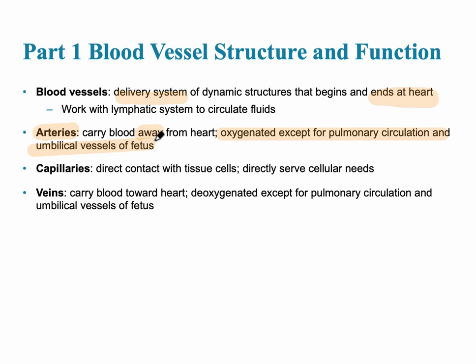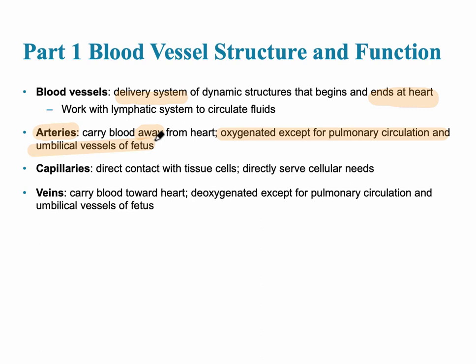So, for example, as you learned in the last chapter, the pulmonary artery branches off of the pulmonary trunk and it carries deoxygenated blood. So that's one exception. The other artery is the umbilical artery, which also carries deoxygenated blood.